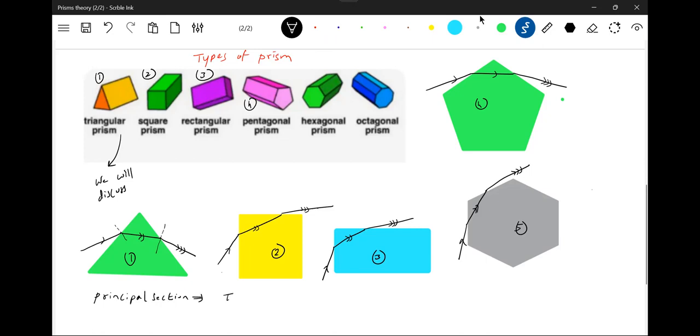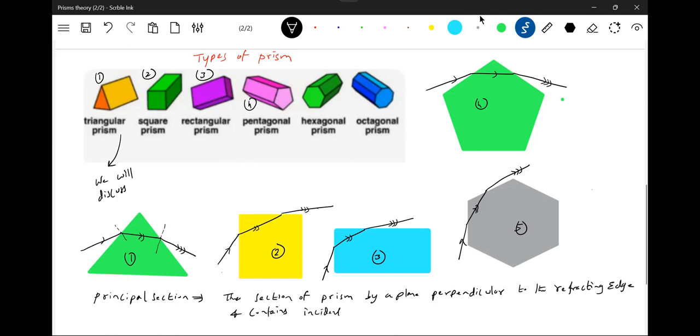The section of the prism by a plane perpendicular to the refracting edge and containing the incident and emergent rays.